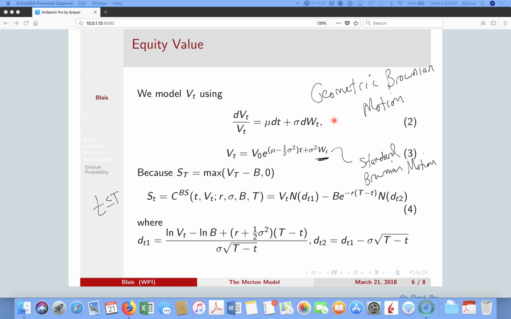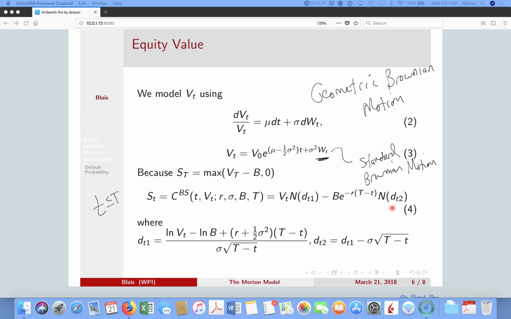So the underlying is the value of the firm V. And then we have our parameters. We have our fixed continuously compounded rate of interest. Sigma is the underlying asset's volatility. And then we have B, which in our case here is the strike price of the option, and T the maturity.